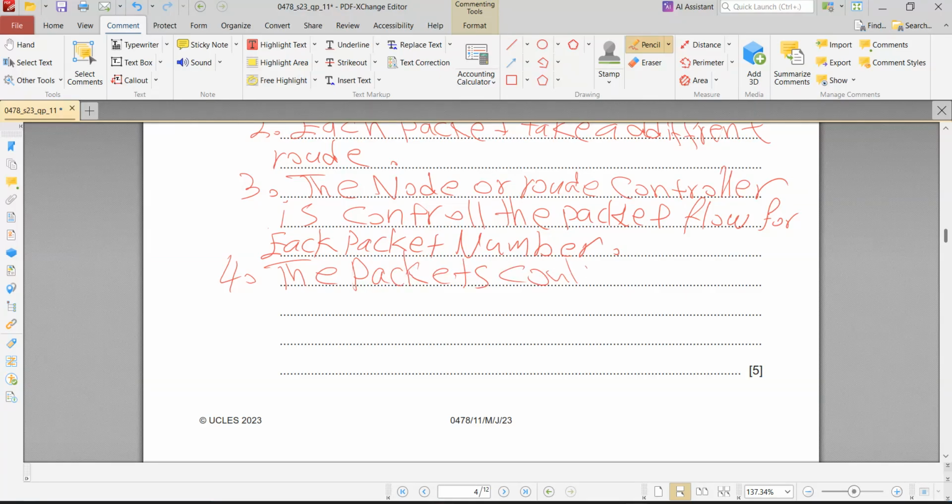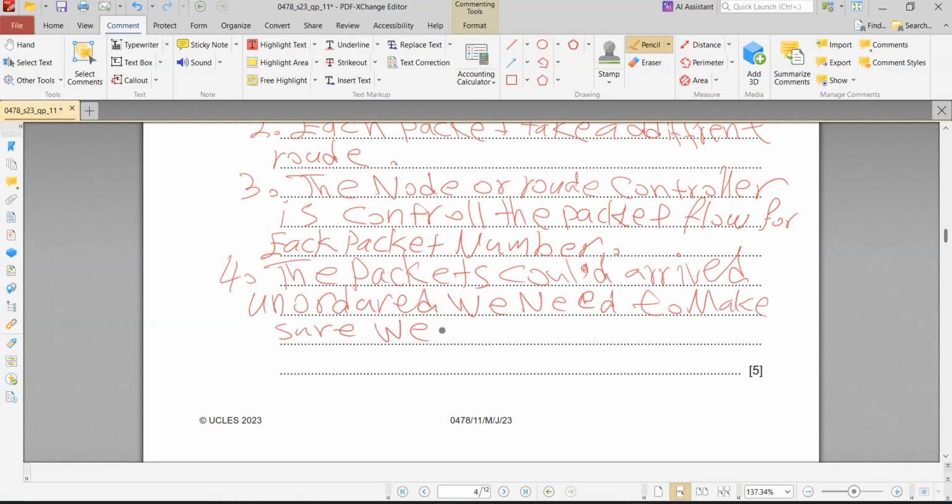We need to make sure we reorder the data.